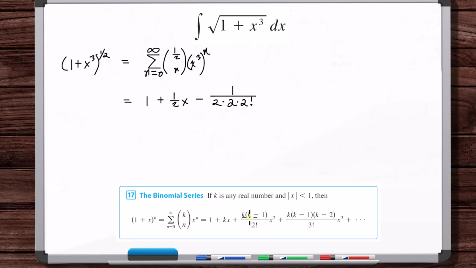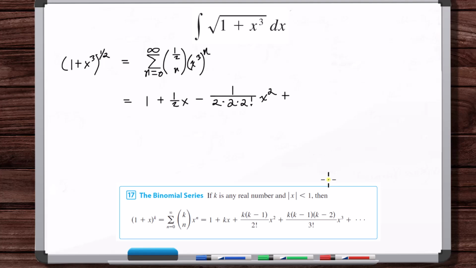It was 1/2 times minus 1/2, and then x squared. Now there should be a plus, because we're going to have 1/2 times something negative. Then what is 1/2 minus 2? It's 1/2 minus 4 over 2, which is minus 3/2, but it ends up just being positive 3 in the numerator.